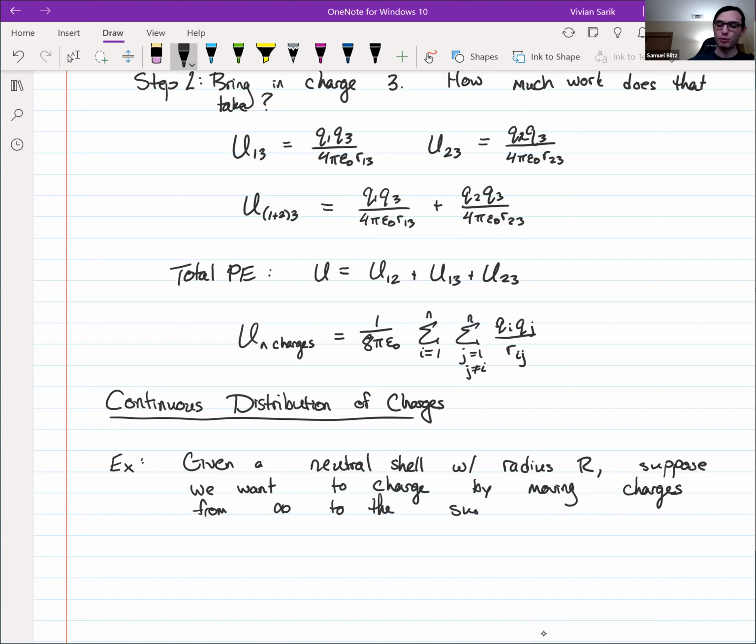So it's just like a shell of plastic, and we want to charge that shell of plastic. And we're going to assume that we're charging it in a way that's uniformly distributed, so the charge is always uniformly distributed on the surface.